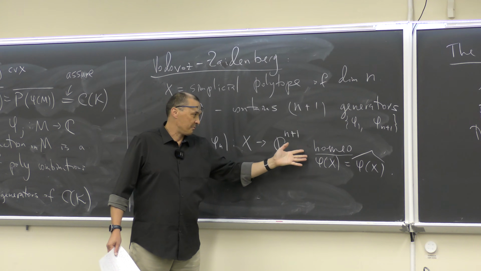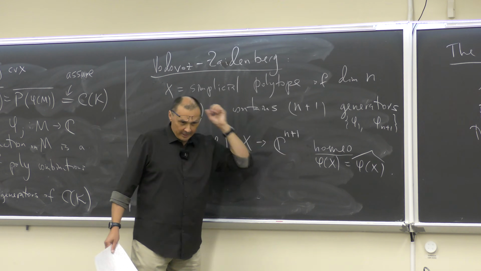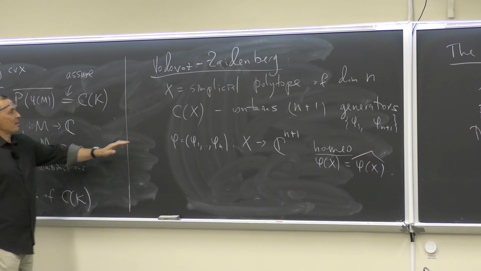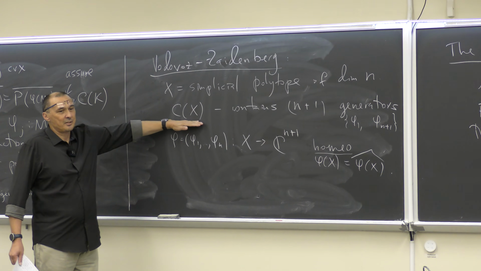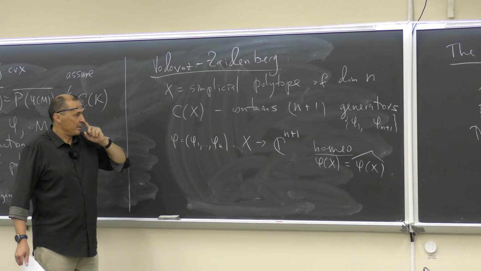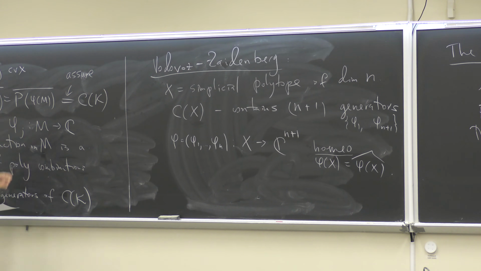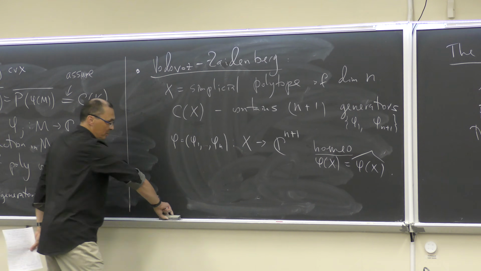It's not possible to have smooth generators. And in terms of approximation theorem, you're approximating a continuous function on X by continuous functions, and that may not be as desirable. Okay, so that's one important result.